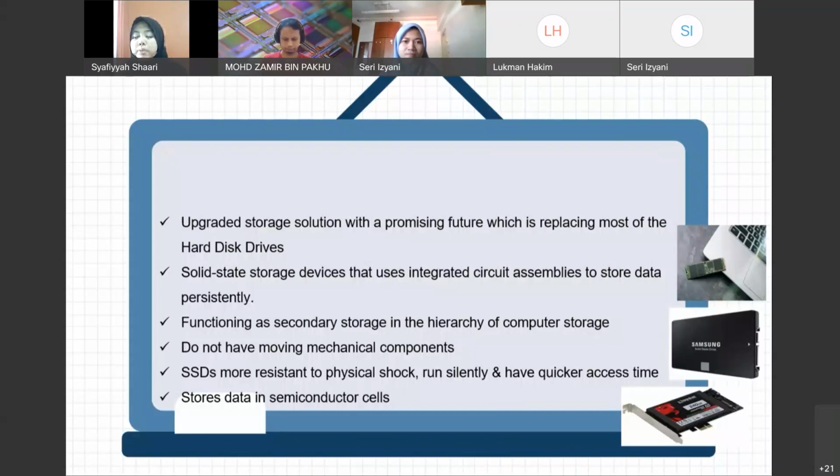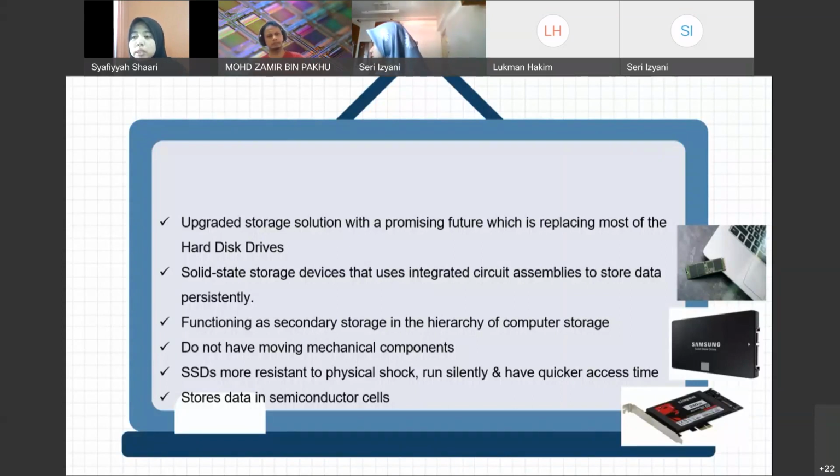SSD do not have moving mechanical components, which distinguishes them from HDD. It is because SSD use flash memory to eliminate the moving part present in HDD and allow the computer to find the files faster. SSD is more resistant to physical shock, runs silently, and has quicker access time.